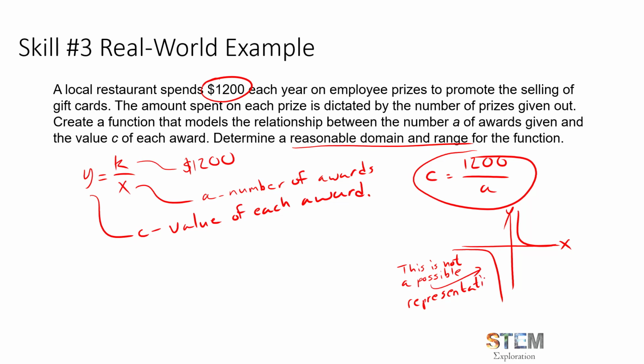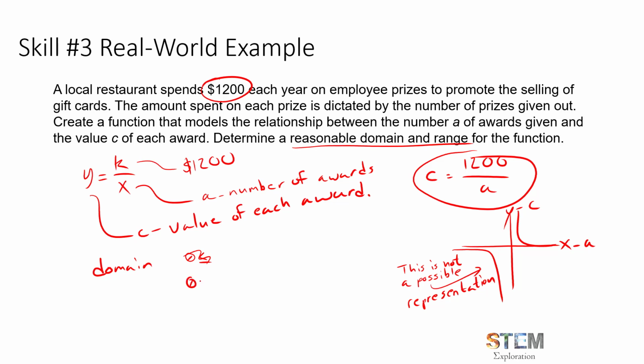And so what's important is that we set realistic domain values given this situation. So the domain, the range of A values here, okay, so this is A and this is C, is going to be technically 0, because you can't have more than 0 prizes. It actually has to be larger than 0, so let's write that differently.